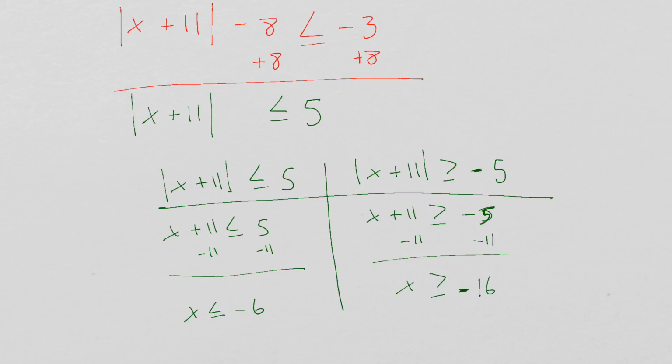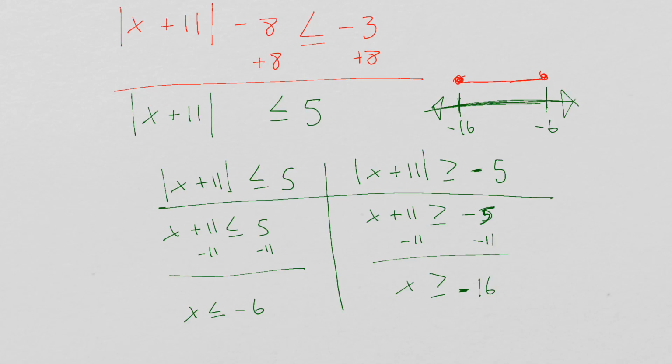And let's see what that would look like on a number line. Let's say you had a number line here. And you would have -16 here, -6 there, and essentially x is between these two numbers.